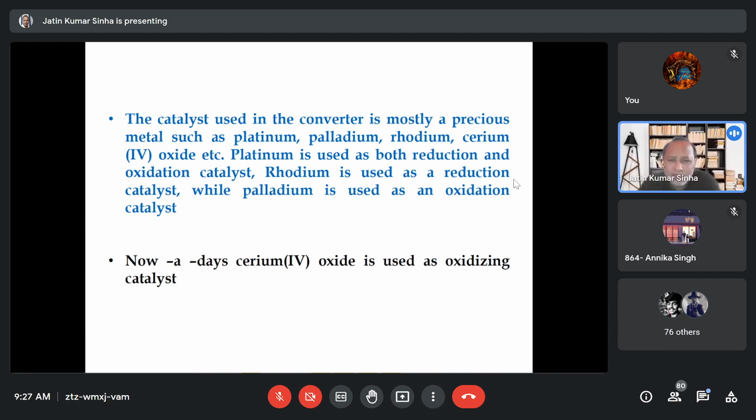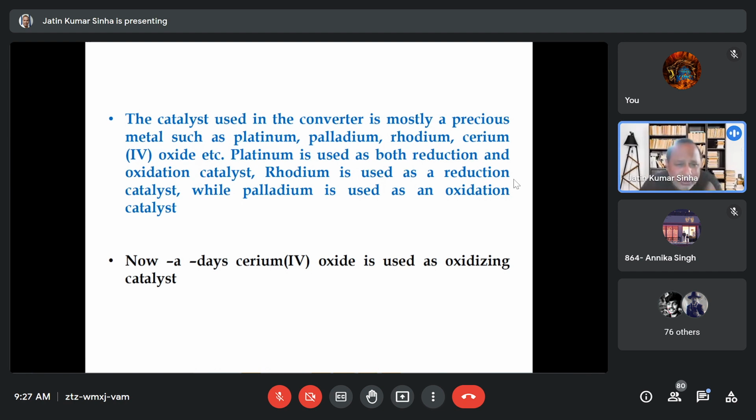One or two layers means I'm talking about the micron or nano level, hardly in the range of 100 or 200 nanometers of these materials on top of copper or any cheaper material, which would be enough to act as a catalyst. So you don't need a bulk of platinum or palladium. Research is also happening in that direction.